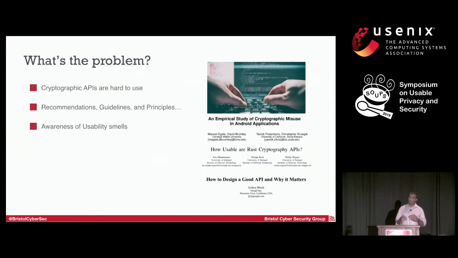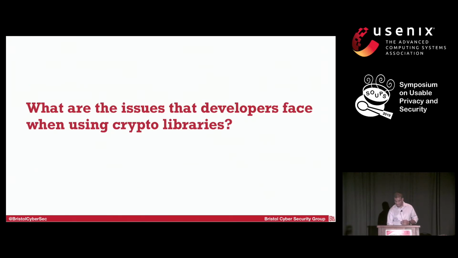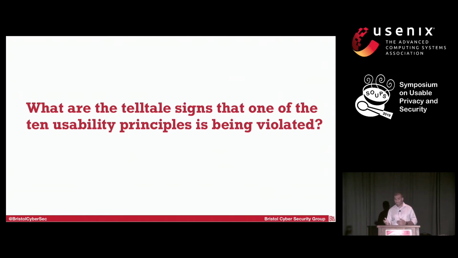So developers may know the principles, however, they may not be aware of the usability smells that come along with it. So in this paper, we focus on 10 usability principles defined by Green and Smith. And we focus on two key questions. The first being, what are the issues developers face when they're using crypto libraries? And what are the telltale signs that one of the 10 usability principles is being violated?